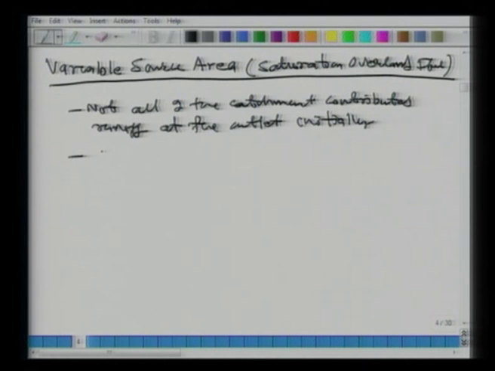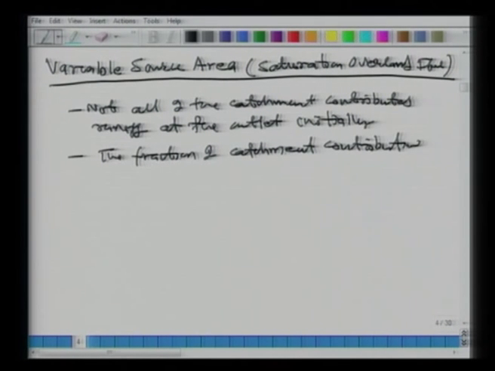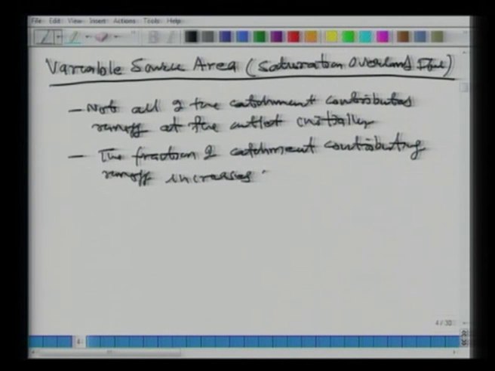The fraction of catchment contributing runoff increases with time, as we can see. So this is what is called the variable source area concept, in which the area that is contributing runoff at the outlet is varying with respect to time.